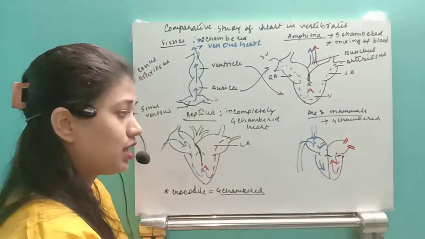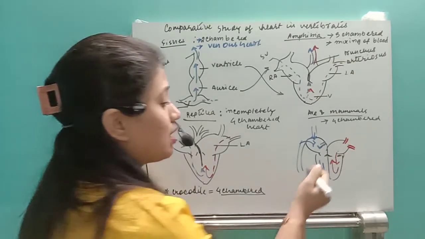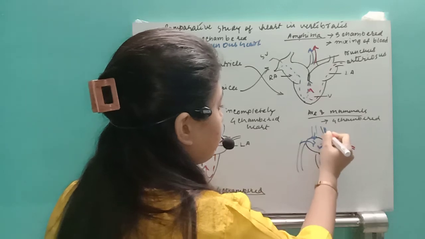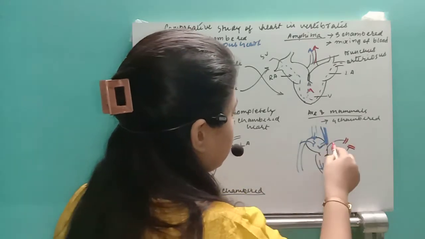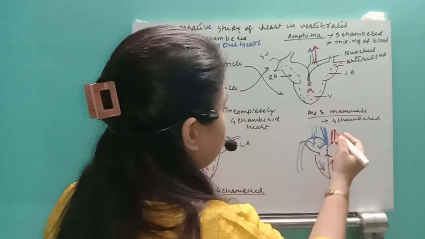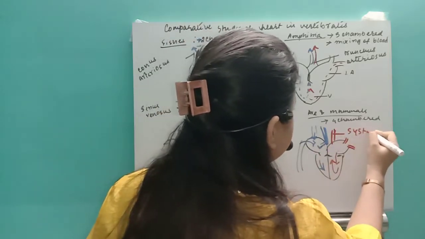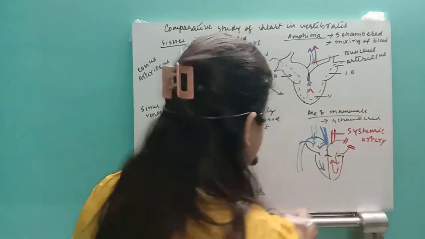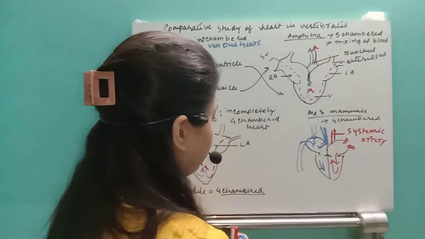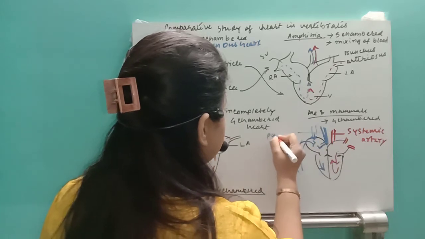So to carry it, we are going to have separate vessels: this is the pulmonary artery, and here we will have the systemic artery. Okay, this is the systemic artery, and this is the pulmonary artery.